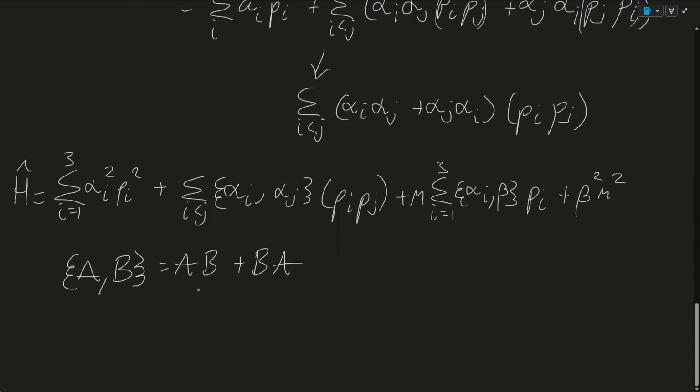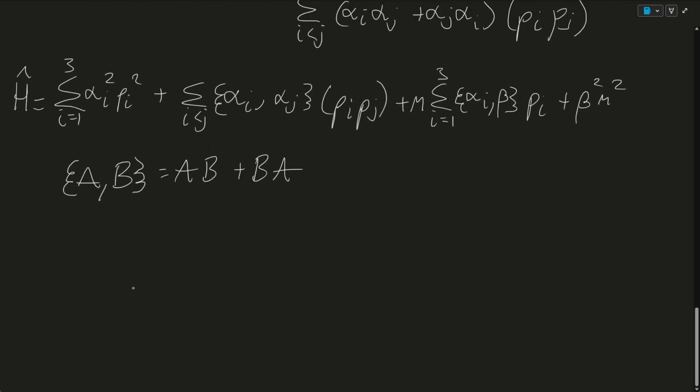This is the anti-commutator. I don't know if that's the official term for it, but I think so. I haven't specifically studied commutators in linear algebra, but it seems to make sense.